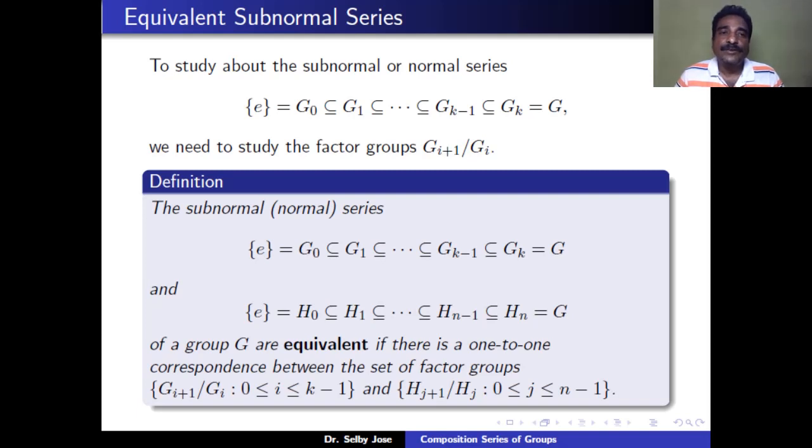That means if you consider the set G(i+1) mod Gi for 0 less than or equal to i less than or equal to k minus 1, and the set of factor groups of Hi's, namely H(j+1) mod Hj, where 0 less than or equal to j less than or equal to n minus 1, if we can find a one-to-one correspondence between these two sets, then the series defined by Gi's and the series defined by Hi's are equivalent.